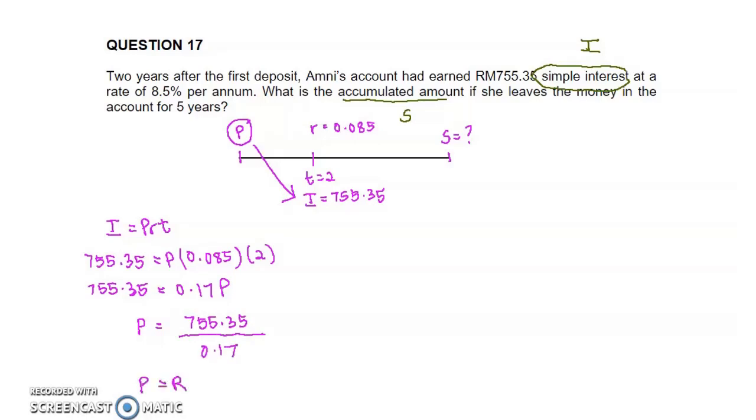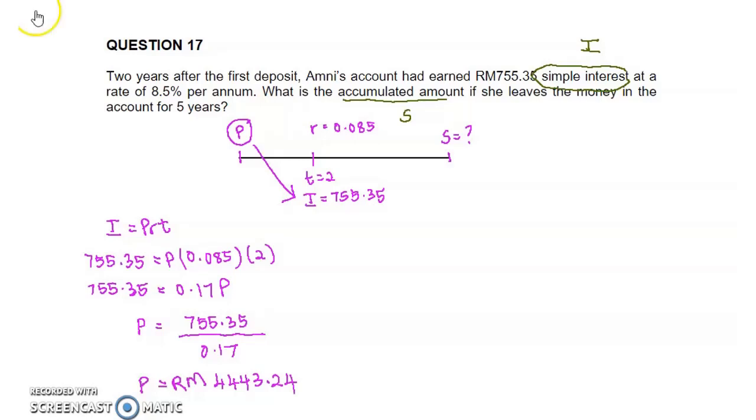So P is RM 755.35 divided by 0.17, which is 4443.24. Okay, so this is value P.